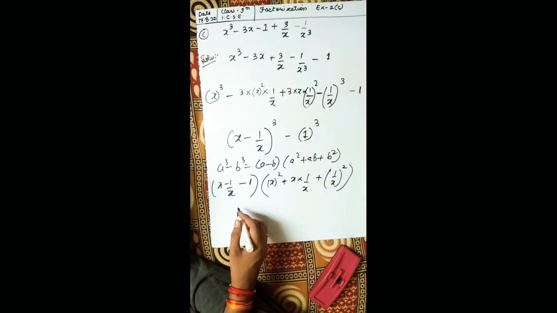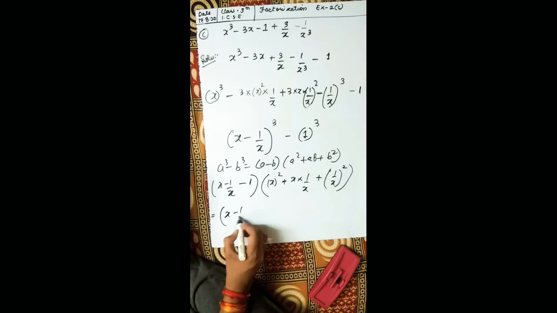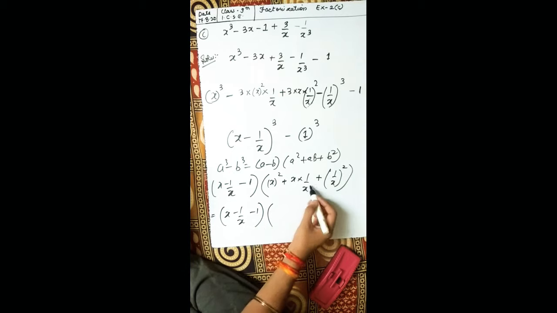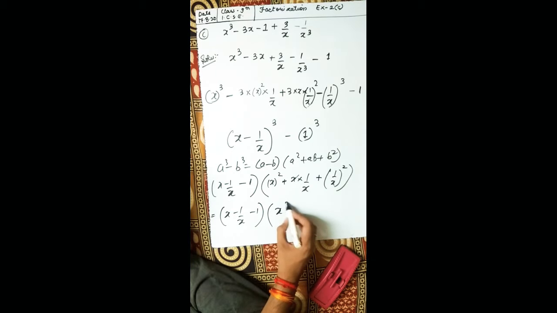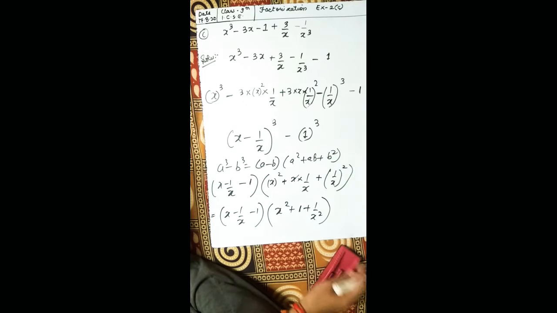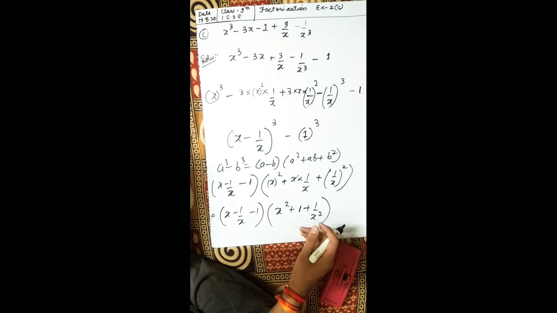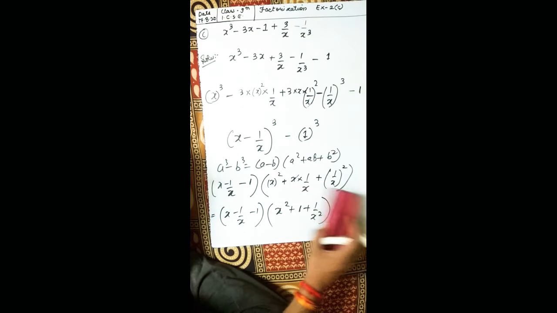Okay, now what we can do from here, last step, this x and x you can cancel. So x square plus 1 upon x square. Okay, now after that, how can you do after this? We did one mistake.